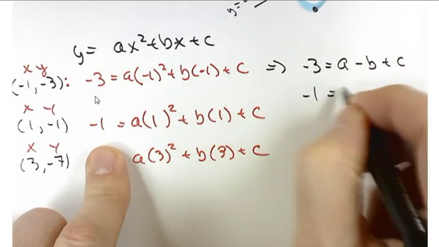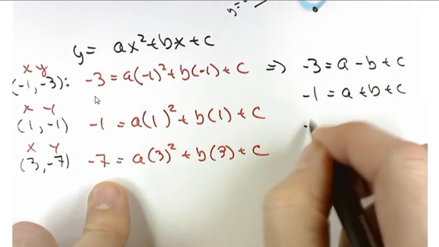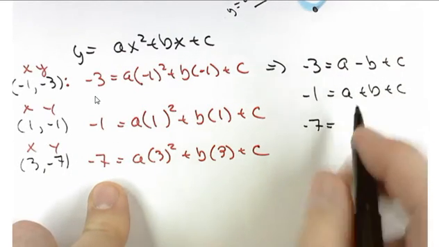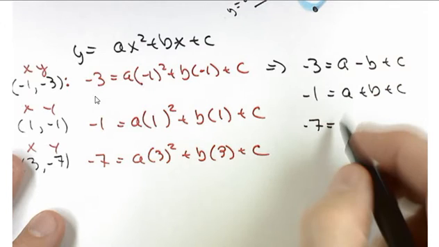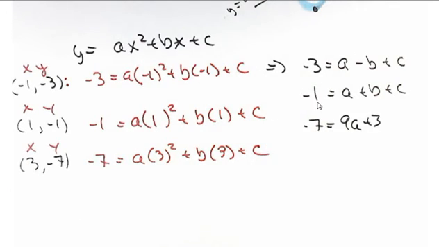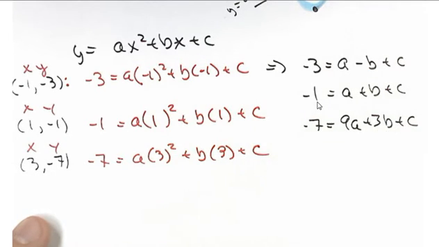And then -1 is a plus b plus c. And then -7 equals, so I want to do the last one. Patrick, thanks for volunteering. Thank you. 9a plus 3b plus c. Perfect. So that's your system of equations.